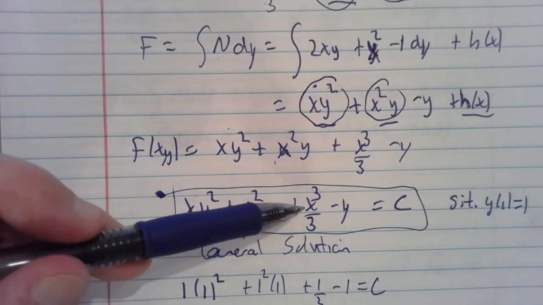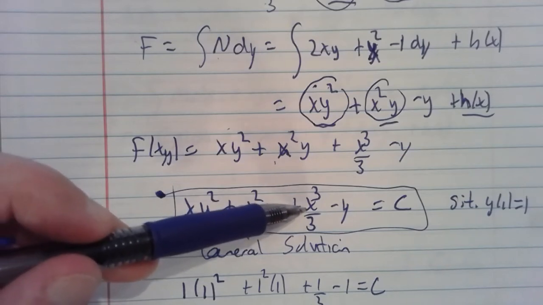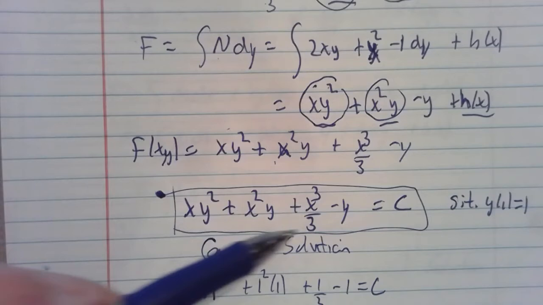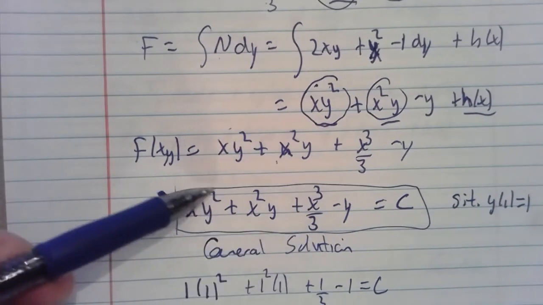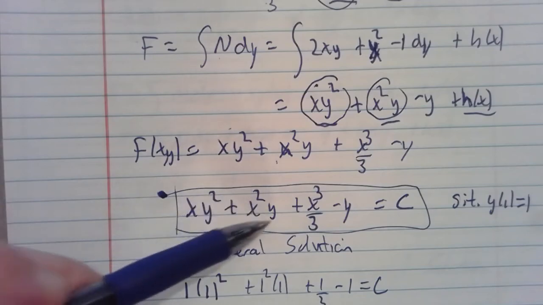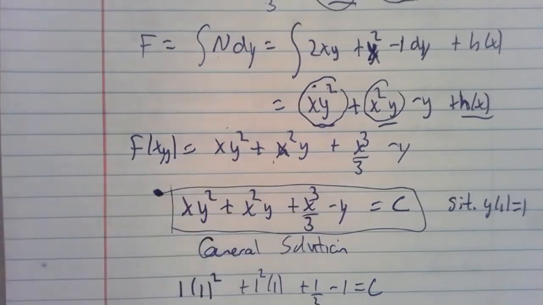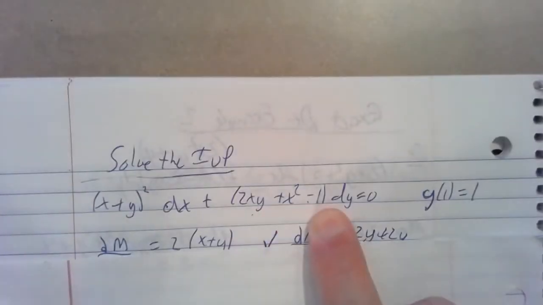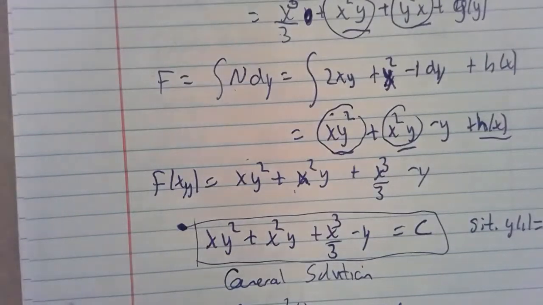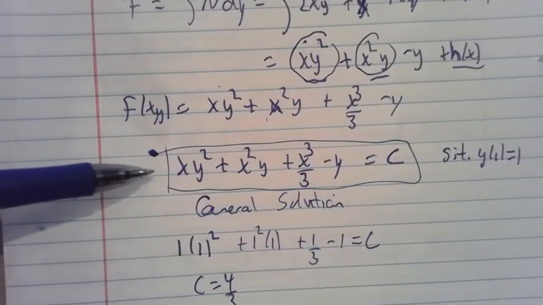That's what we were supposed to get. That's x plus y squared. Okay, what if we take the partial with respect to y? We would get a 2xy, an x squared, and a minus 1. That's exactly what we were supposed to get. So this is correct. This is our function F.